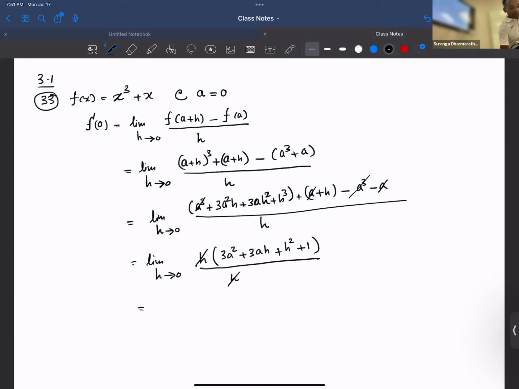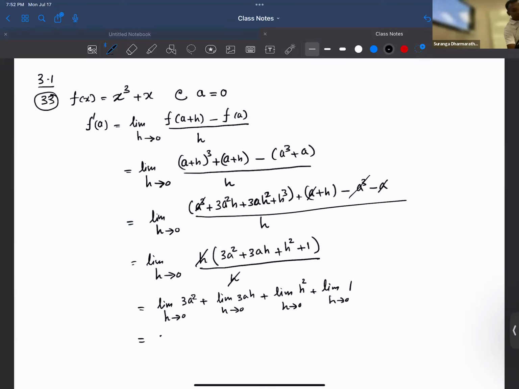And then you have limit h goes to 0 of 3a squared, plus limit h goes to 0 of 3ah, plus limit h goes to 0 of h squared, plus limit h goes to 0 of 1. So this is 3a squared. It's a constant, right? It doesn't depend on h.